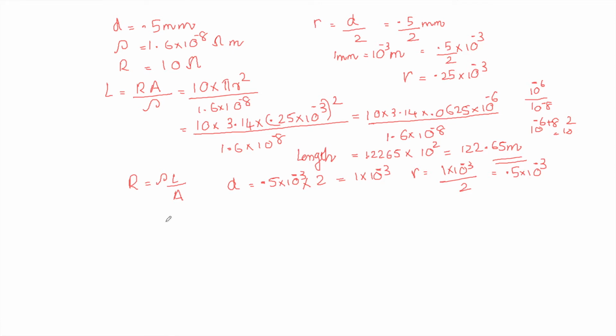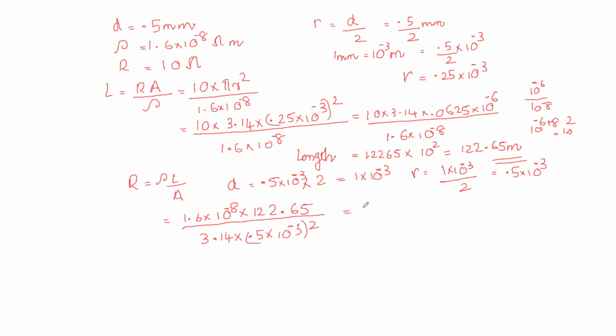For resistance, rho it is 1.6 into 10 raised to minus 8. Okay, length we found out like 122.65. Okay, by area it is pi r square 3.14, and what is the radius? 0.5 into 10 raised to minus 3 the whole square.